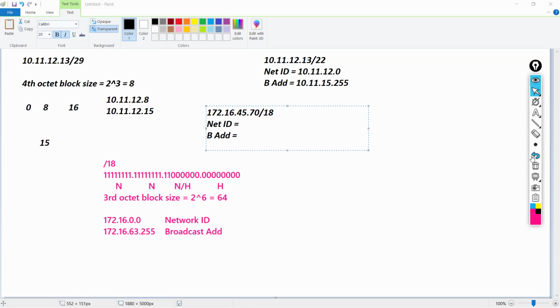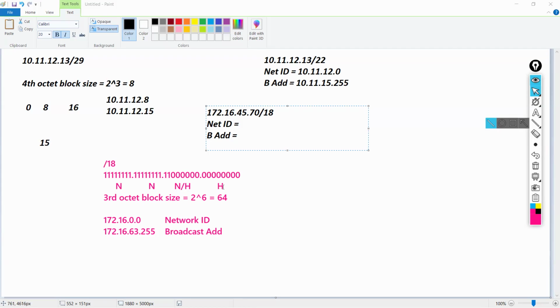See, if you want to calculate the total number of IP addresses, then you will have to consider all the host bits. So how many host bits are there? 6 plus 8, 14. So 2 raised to power 14 will be your valid IP addresses. That means the total number of IP addresses. Is it clear?